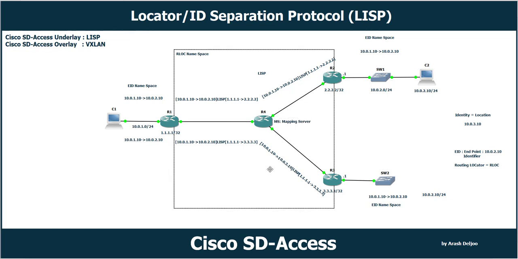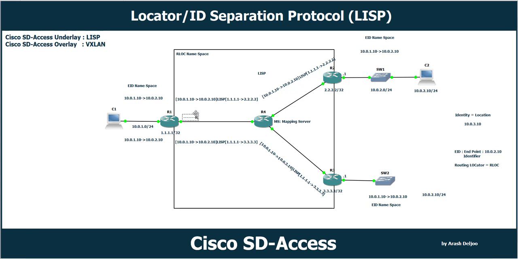What does it mean? Again, here we have some details. The details are not important for us, but let me inform you that when R1 has one network, for example 10.0.1.0/24, it can inform the mapping server. This is the information we send.